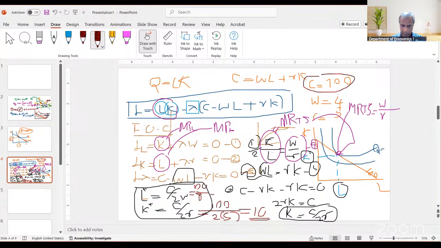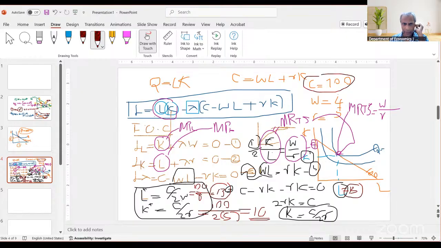So the answer you get is about 13 labors. So given the cost, 10 capital and 13 labors are recruited.